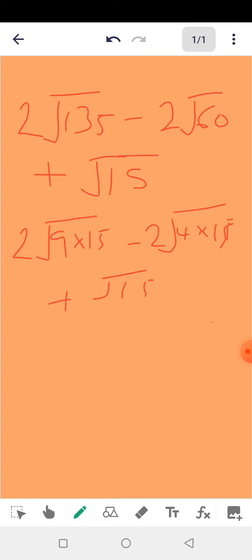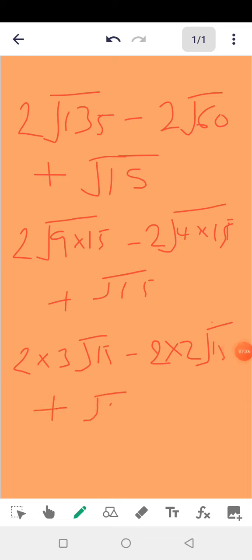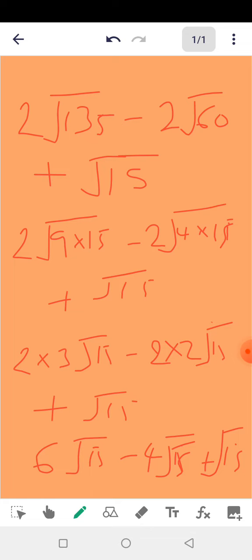Originally we have 2 outside, so it will be 2 times 3 root 15 minus 2 times 2 root 15 plus root 15. Okay, so we have 6 root 15 minus 4 root 15 plus root 15. My writing is kind of clumsy there. Please bear with me, I'm using my hand to do that on the board, so it's not like a pen.